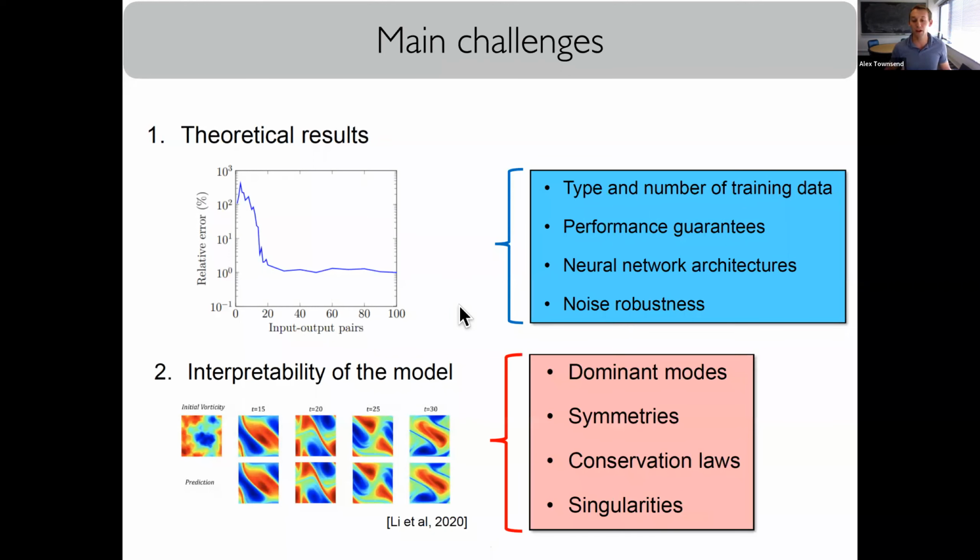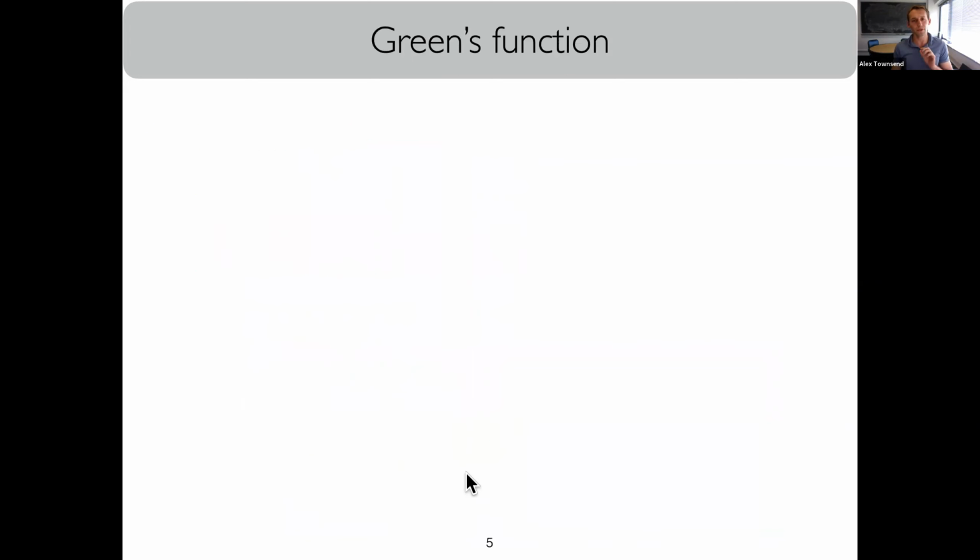So you might want to know what are the dominant eigenfunctions of the PDE, or does the PDE have symmetry, or does the solution satisfy some conservation laws, or are there any singularities that are developing? And the way that I'm going to do it, through Green's functions, allows for some more interpretability of the model once you've trained. Okay, so let's get into it.